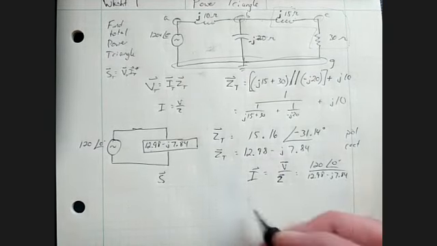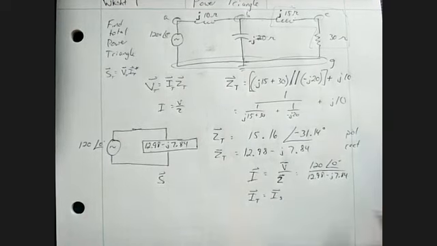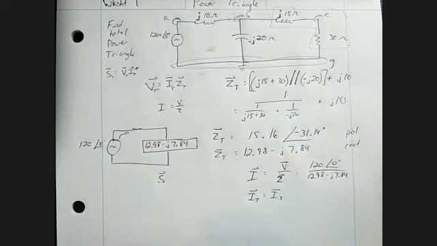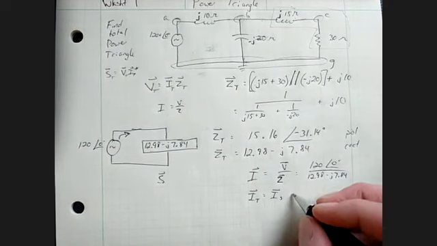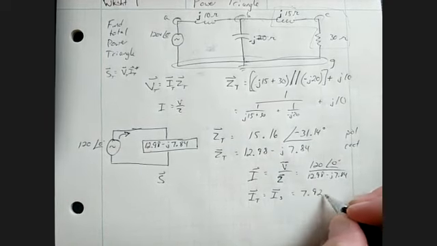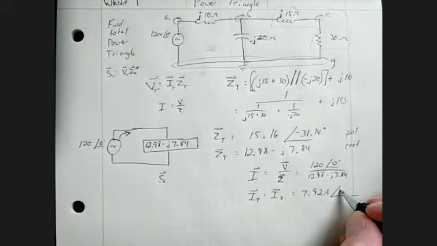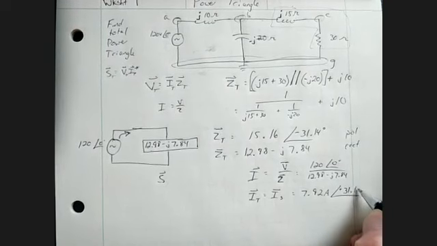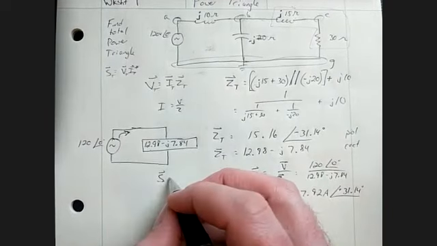So I plug that in, and my I total, which is the same as the I coming out of the source right there, the I source in this case, is 7.92 amps, angle positive 31.14 degrees.